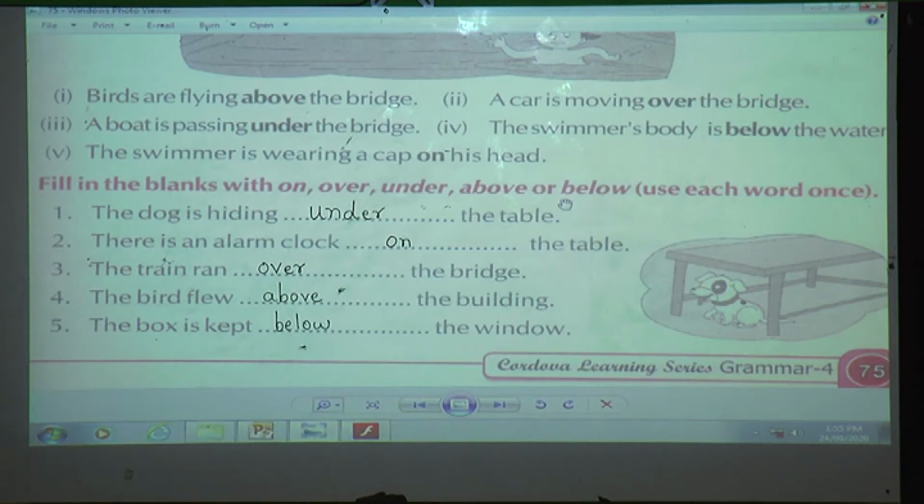The dog is hiding under the table. There is an alarm clock on the table. The train ran over the bridge. The bird flew above the building. The box is kept below the window.